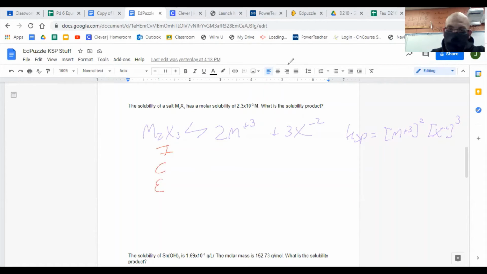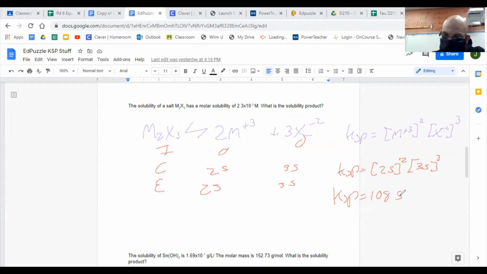Still make an ice chart. That means 0, 0, 2S, 3S. So this is going to be a big one. Now let's figure this out. Ksp equals 2S squared times 3S cubed, or Ksp equals 108 S to the fifth.